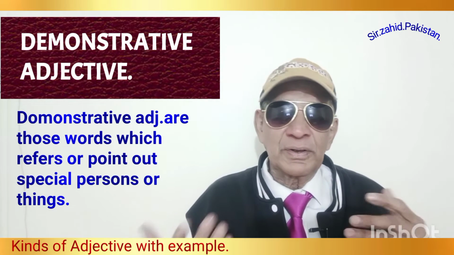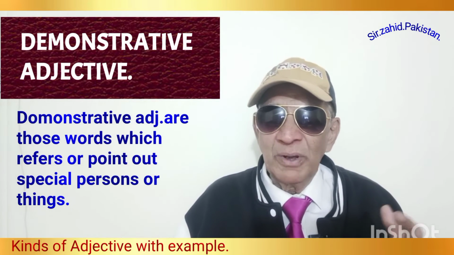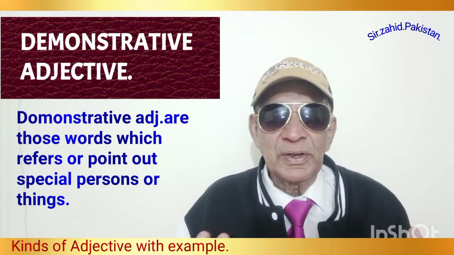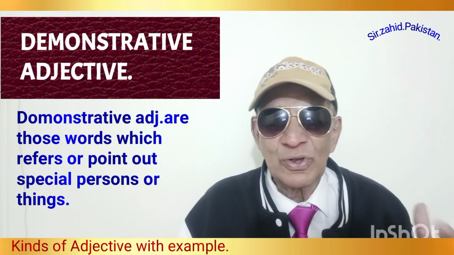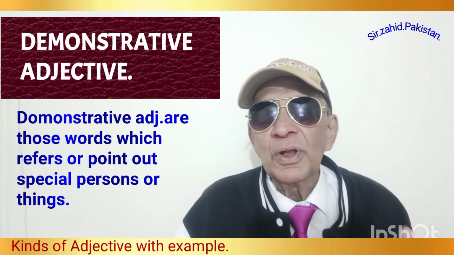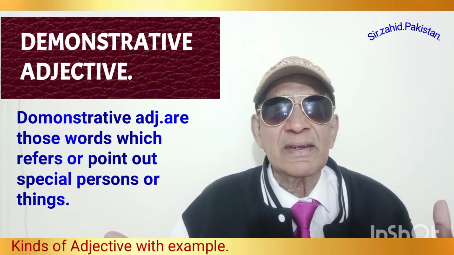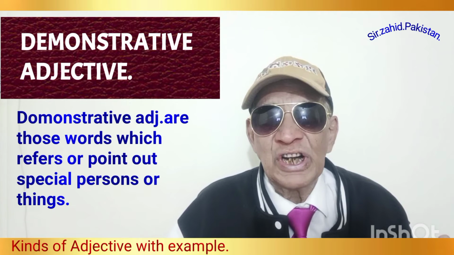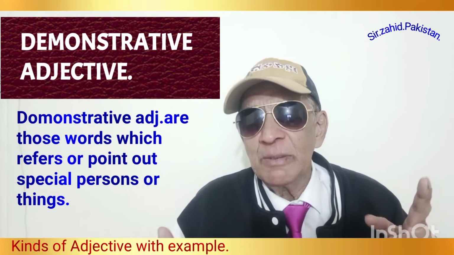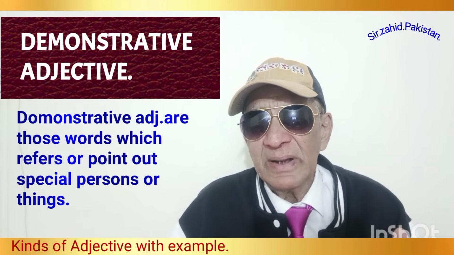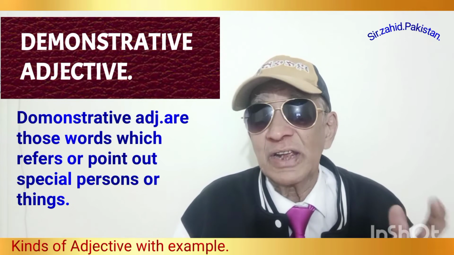Now try to understand one more, that is demonstrative adjective. What is a demonstrative adjective? Demonstrative adjectives are those words which refer or point out a special person or special things.